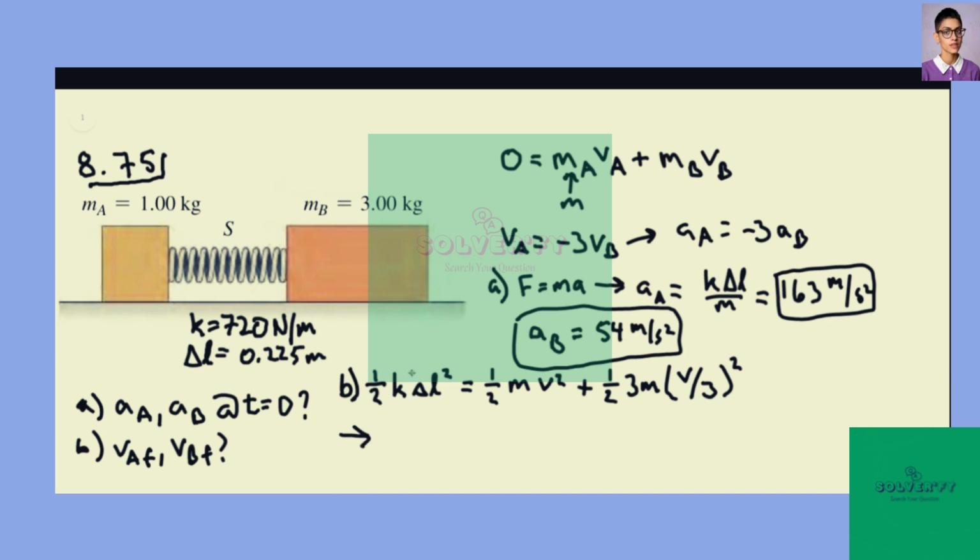And if you do the combining in the algebra, we find that v, which is the velocity for A, is equal to the square root of 3k delta L squared divided by 4m.